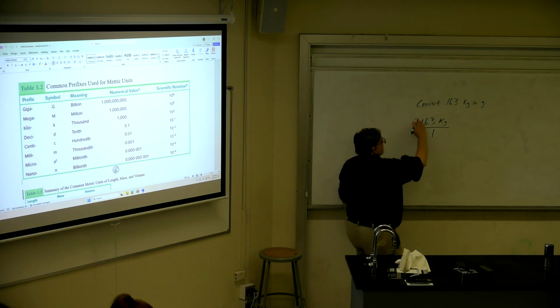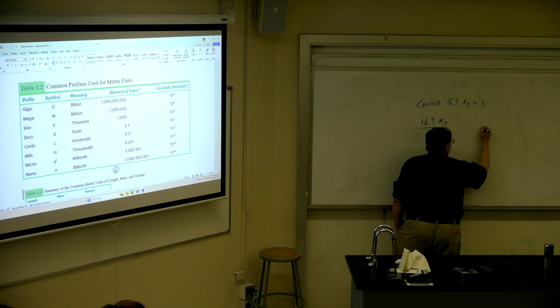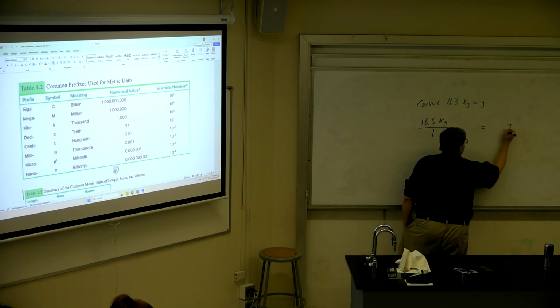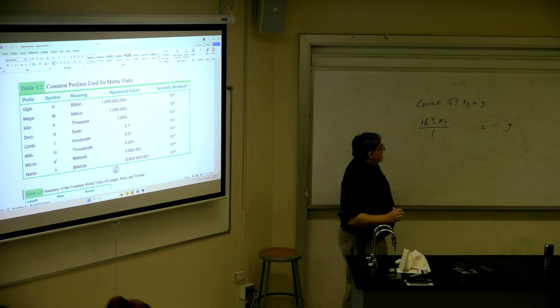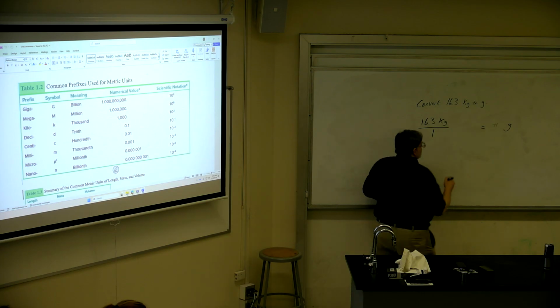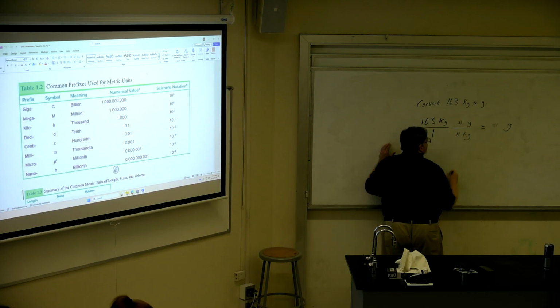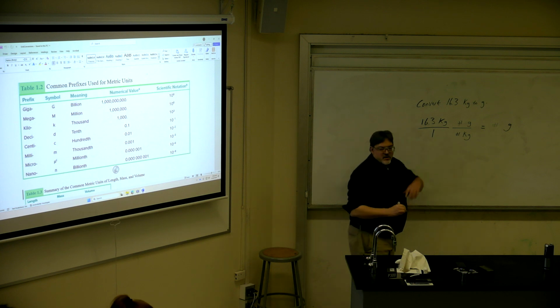So you can write that down, and then put an equal sign and put grams, knowing that there's going to be a numerical value there. If you're being asked for grams, you start with your kilogram. But now what you would sketch out next is, I need kilograms on the bottom, grams on the top. All that's missing is some numerical values to go there, and you can calculate it out.